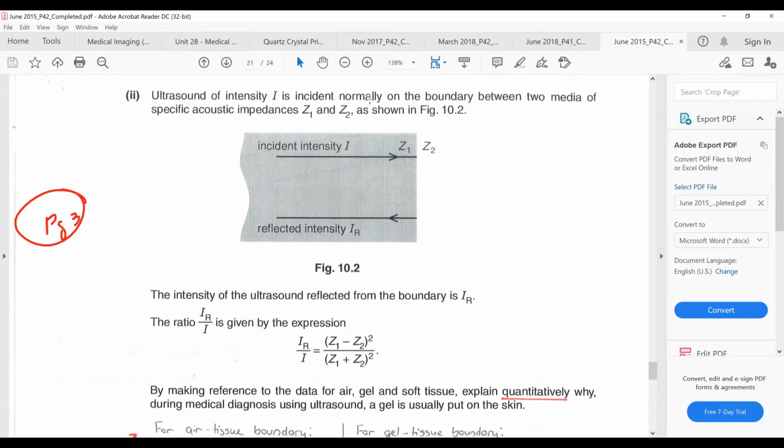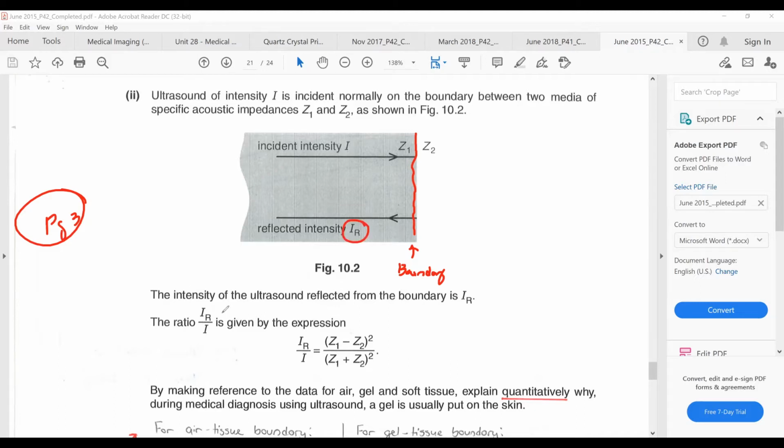Right? So basically what you have here is your boundary between the two media. Your ultrasound hits the boundary, part of it is reflected, which is this one.